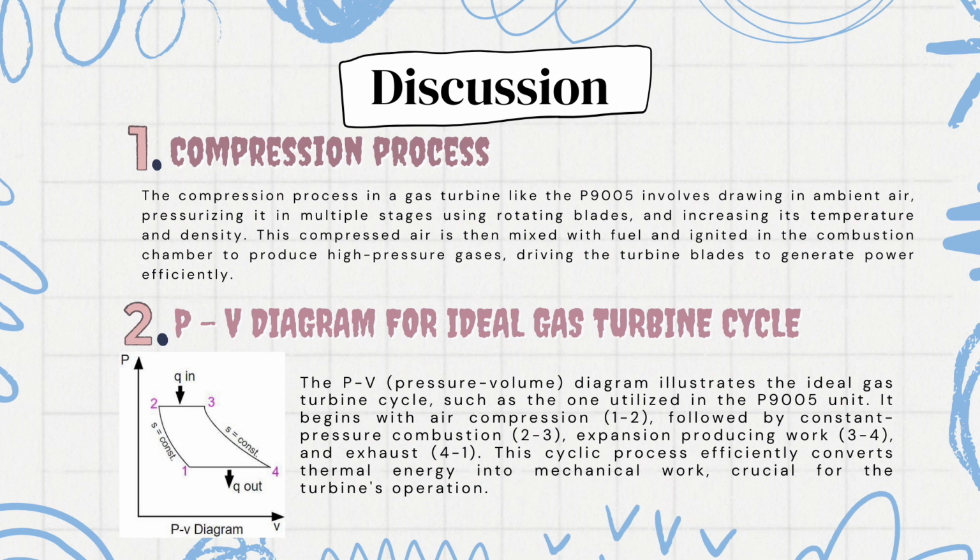It begins with compression 1 to 2, then followed by constant pressure combustion 2 to 3, expansion producing work 3 to 4, and lastly exhaust 4 to 1. This cycle process efficiently converts thermal energy into mechanical work, crucial for the turbine operation.